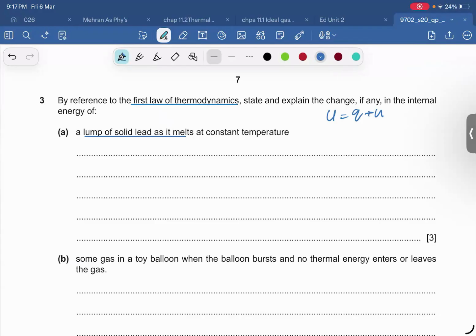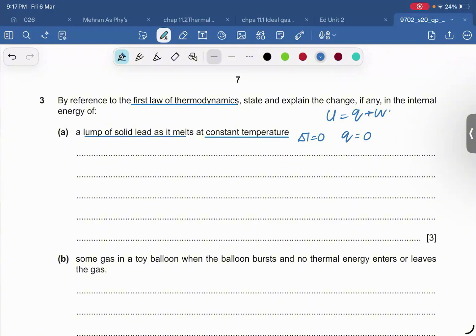Okay, if it says it's at constant temperature, this means the change in temperature is going to be zero, right? And if the change is zero, then Q will also be zero, right? Because Q is related to the change in temperature.